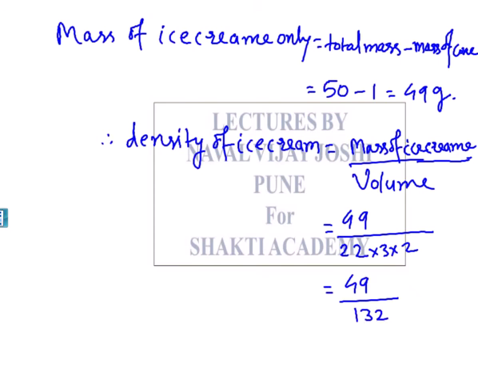Okay, so the unit would be gram per cm cube. So this is the density of the ice cream. If we calculate it, it would be a very small number in decimal fraction. Okay, we could not divide it completely. So this is the density of ice cream we got.